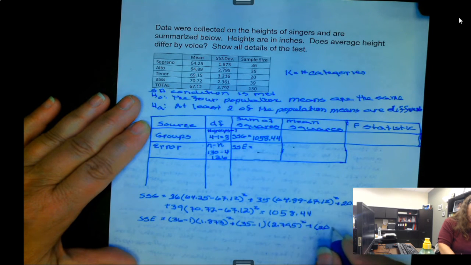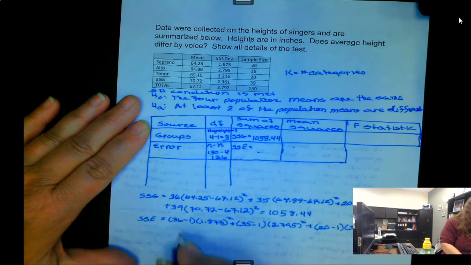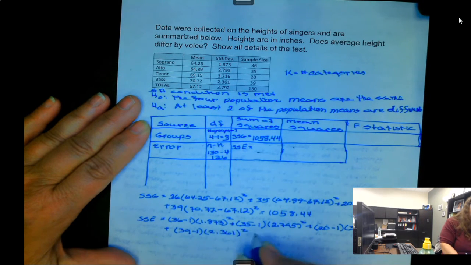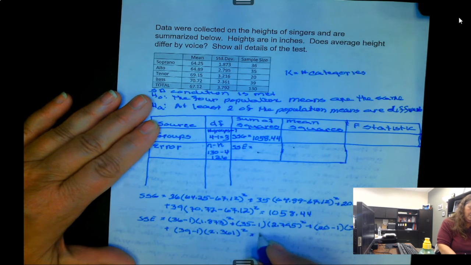Then 20 minus 1 times 3.216 squared, plus 39 minus 1 times 2.361 squared. And when we do that calculation, we get 796.73.